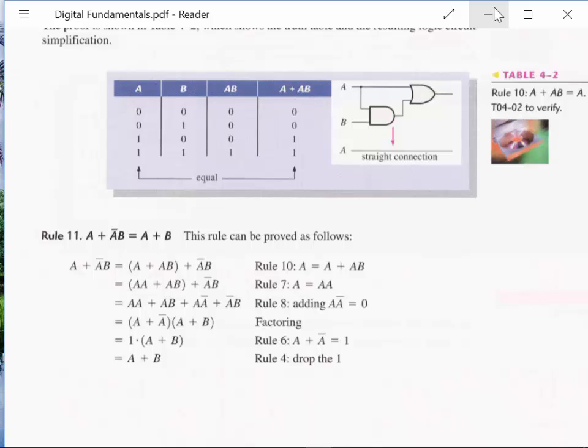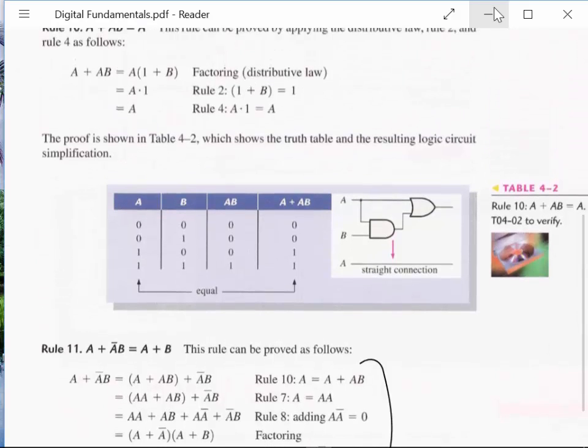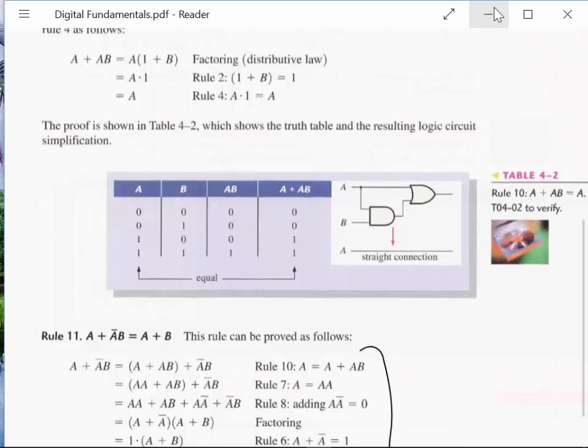Here's the one that I said is the confusing one, and you can see the number of steps it involves in order to prove that it's true. A plus A naught B is equal to that. What they're doing here is expanding this out, and they're using this rule right here.